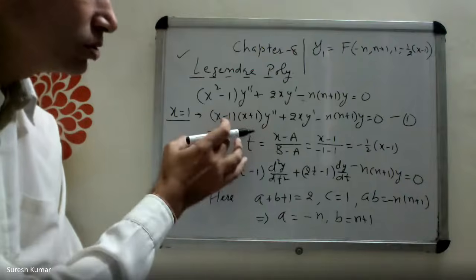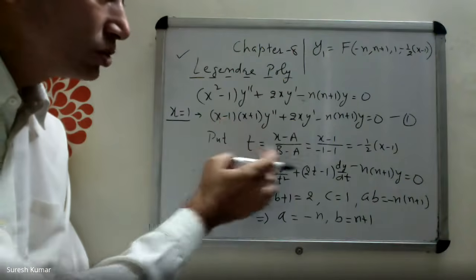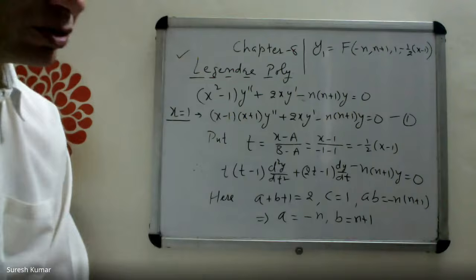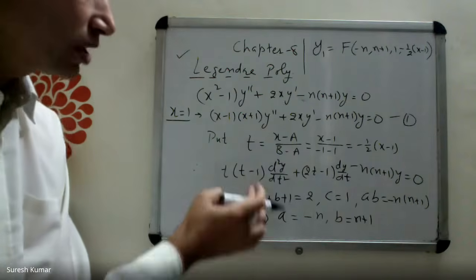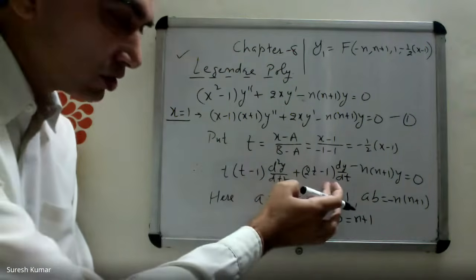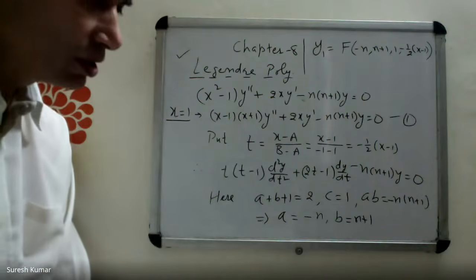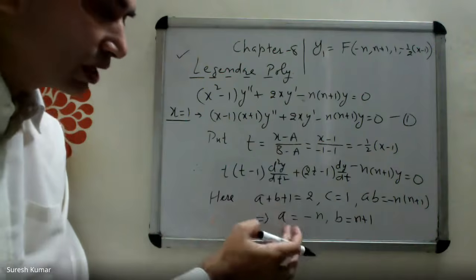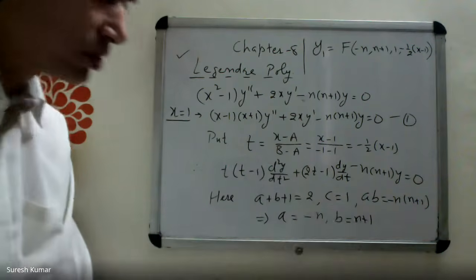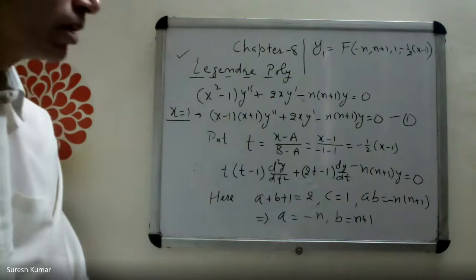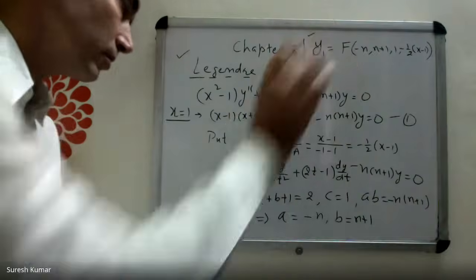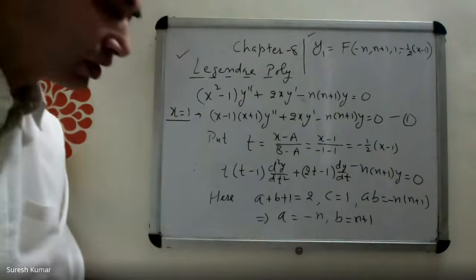So how to change it to hypergeometric? Use this transformation. This is a standard one, you know. After conversion, you are getting this differential equation. Then you compare this equation with the standard hypergeometric differential equation and you are getting a equal to minus n, b equal to n plus 1, c is 1. After that, you have written one solution. Up to this, I think it's fine.